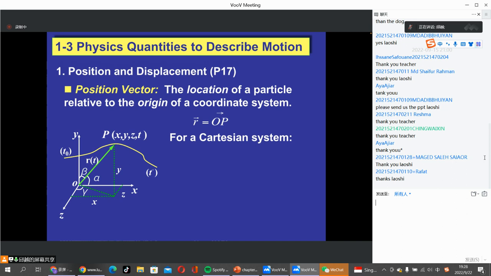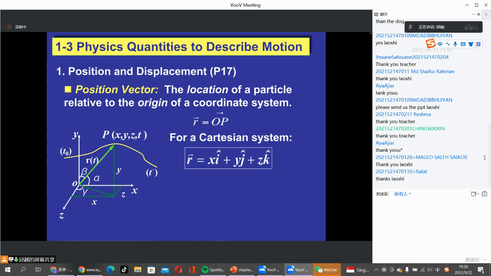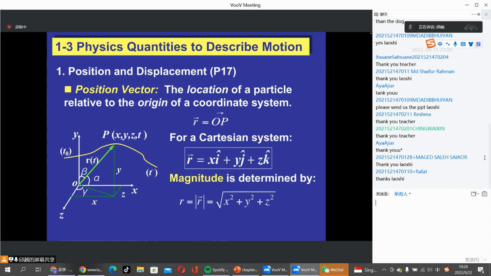For a Cartesian system, vector R, the position vector, can be written as X vector i, and Y vector j, and Z vector k. And the magnitude of the position vector is determined by this equation.